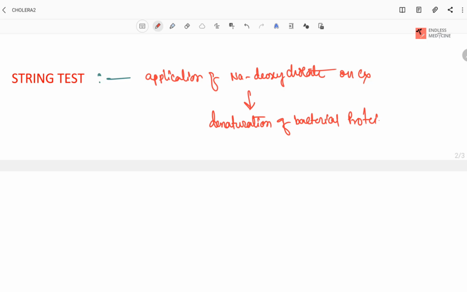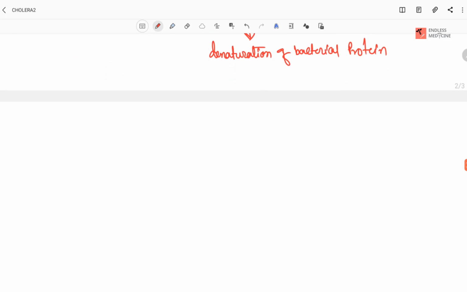So if we take the bacterial colonies with a loop, bacteria come like a thread, as the protein is already denatured. It is called the string test.